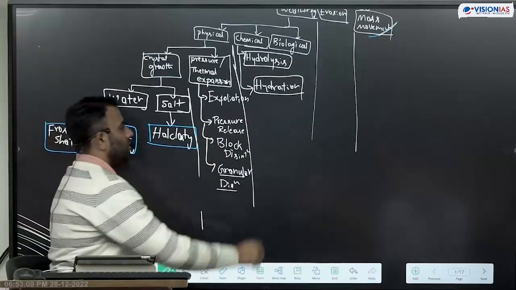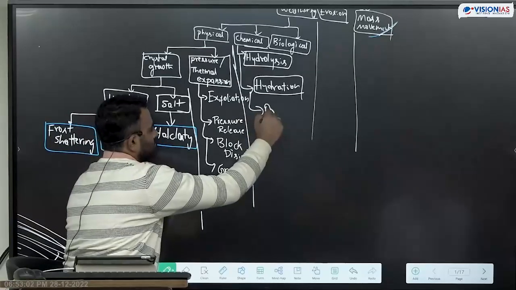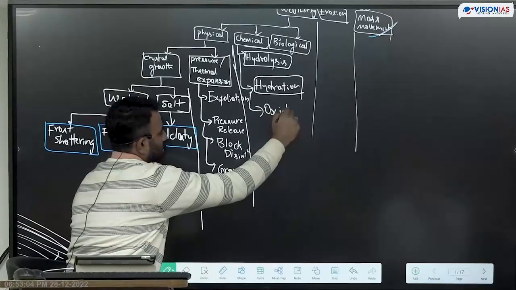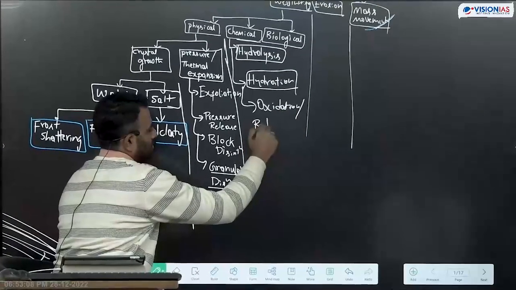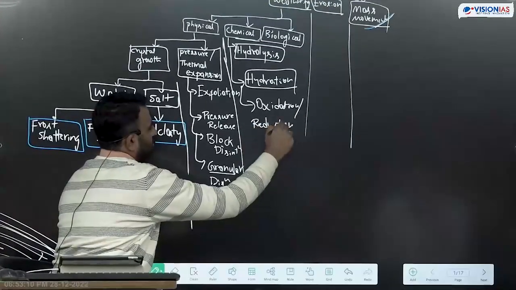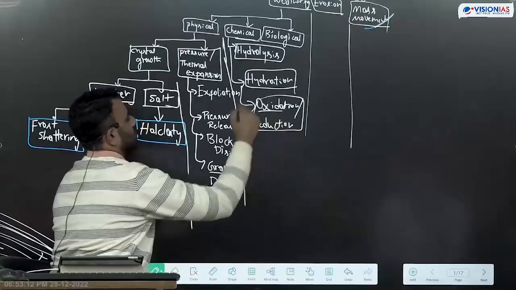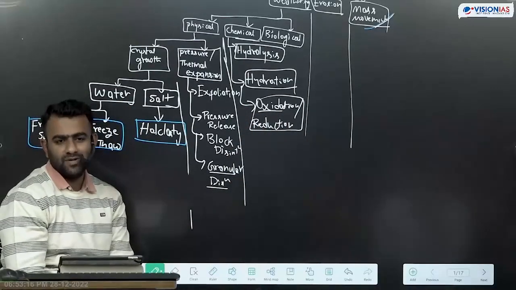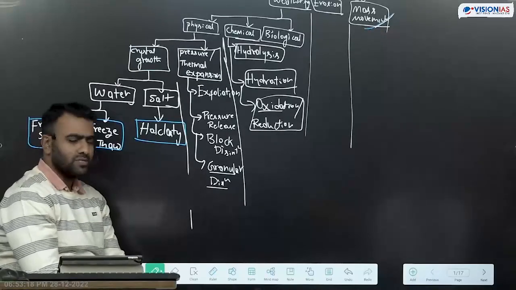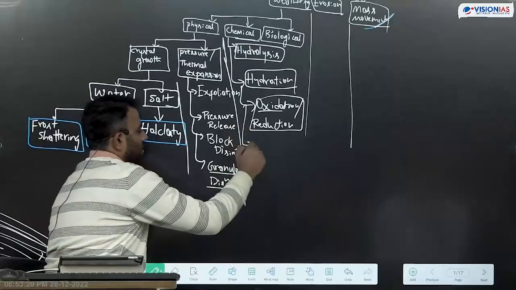फिर तीसरा है oxidation reduction. Oxidation क्या है? Addition of oxygen is oxidation. Removal of oxygen is reduction. Because there is too much of oxygen in the atmosphere, it reacts with various different minerals. It forms oxides. Oxidation reduction. Then carbonation.